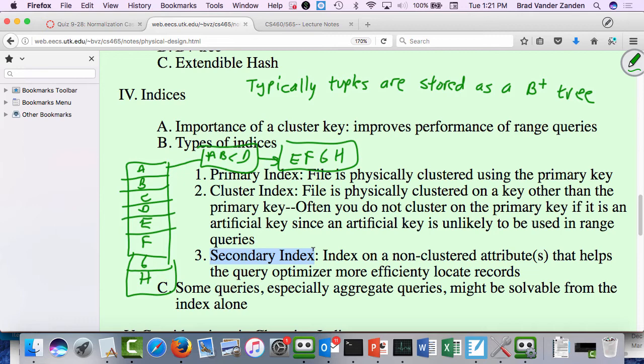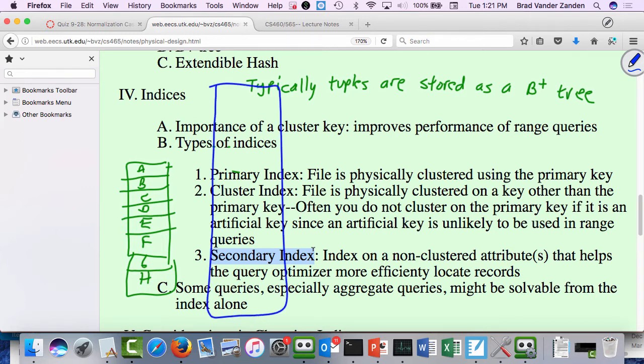But a secondary index says no. Even if they're logically next to each other in the attribute domain, they are not physically co-located. So if this is our file, we might have H here and A here and B here, and so they're all over the place. They're not physically co-located, because it's a secondary index.